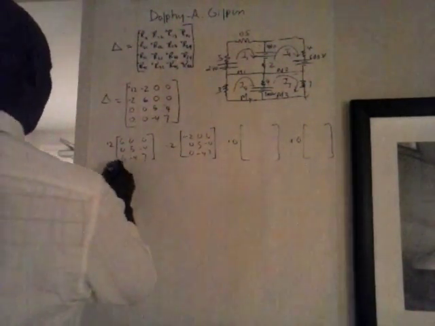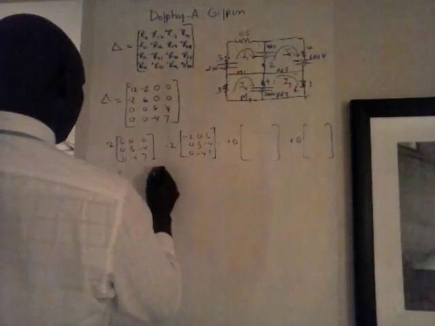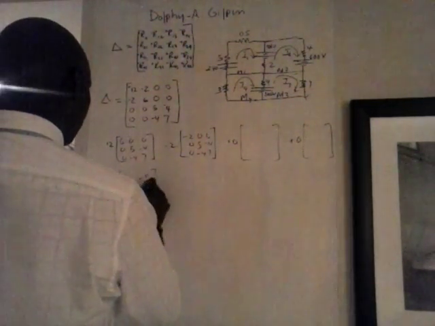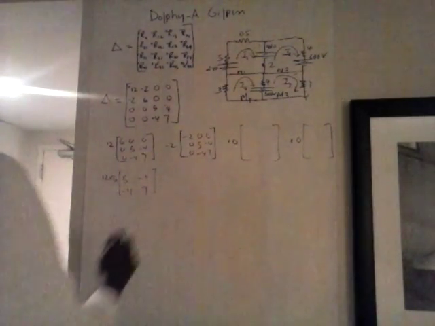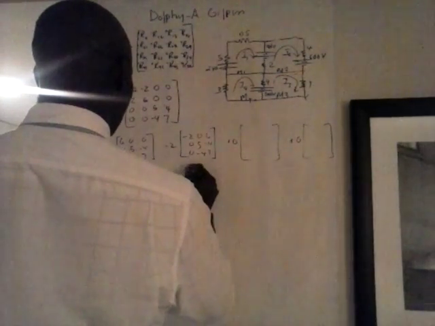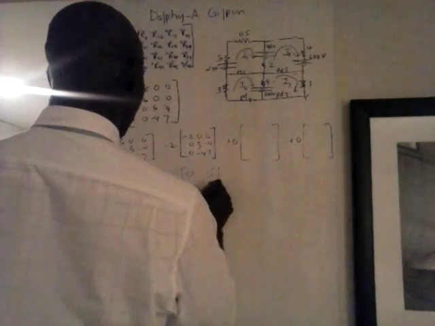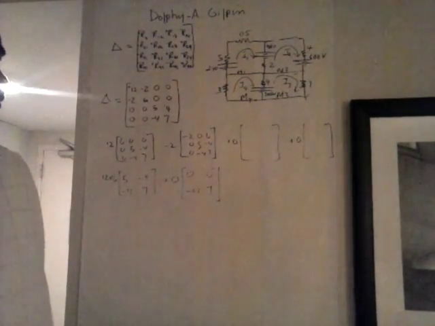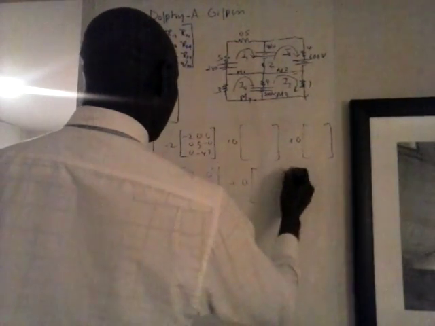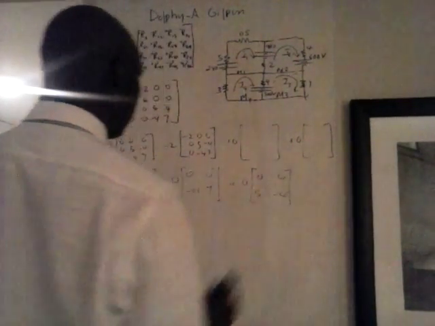If you further do this, this would be equal now to 12 multiplied by 6 into the determinant of 5, minus 4, minus 4, 7, this one here, plus 0 into the determinant of 0, 0, minus 4, 7, that should make it 0, and plus 0 into the determinant of 0, 0, 5, minus 4.